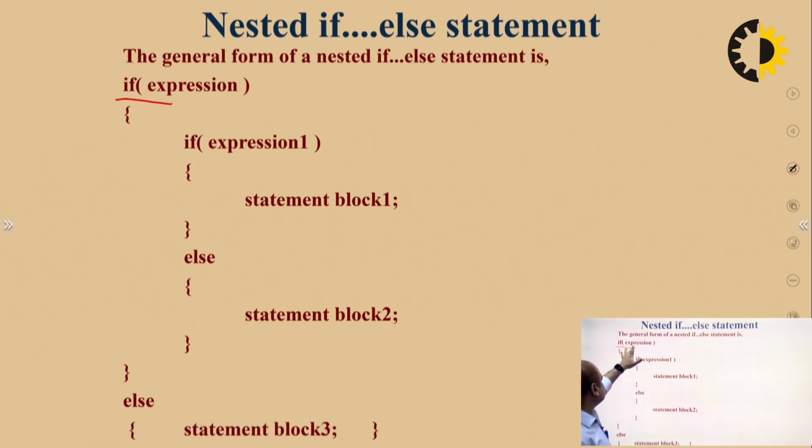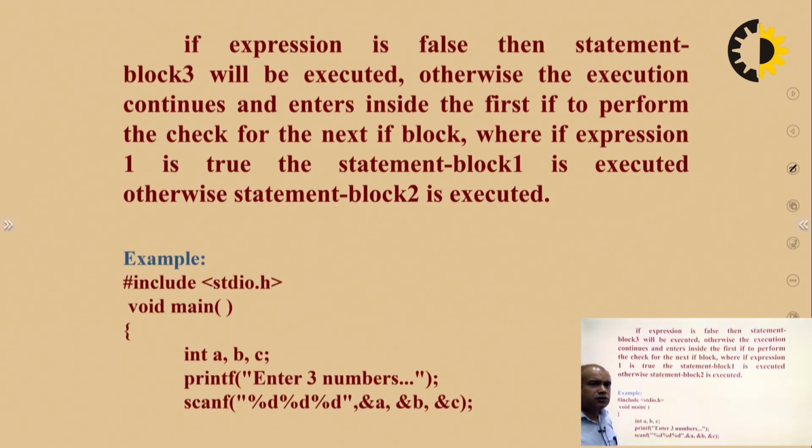If this statement is true, the whole expression of this if and else will be executed. Otherwise, this else will be executed. This else belongs to this if statement, and this if belongs to this else. So, if the expression is false, then statement block 3 will be executed.